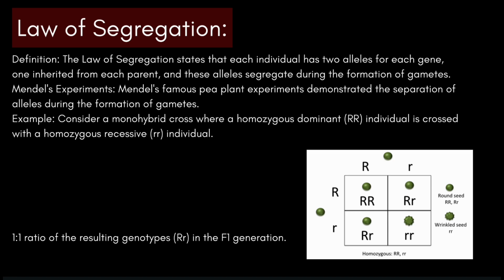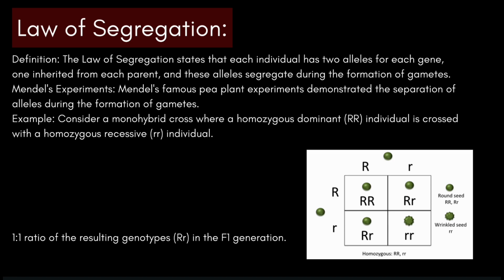And for an example, let's consider a monohybrid cross where a homozygous dominant individual is crossed with a homozygous recessive individual. That would result in all the genotypes in the F1 generation being big R, little r.